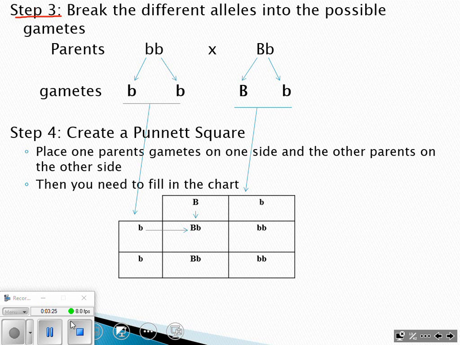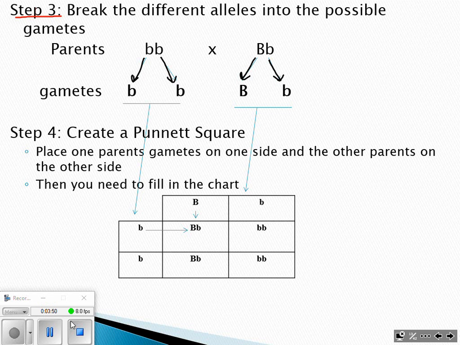If the parent that was homozygous recessive gives half their genetic information, they can give a little b, or they can give another little b. These are the possible alleles they could give to their offspring. The other parent could give a big B, or they could give a little b.